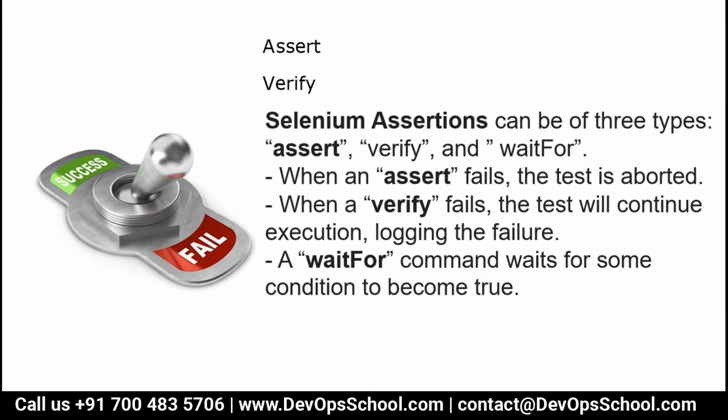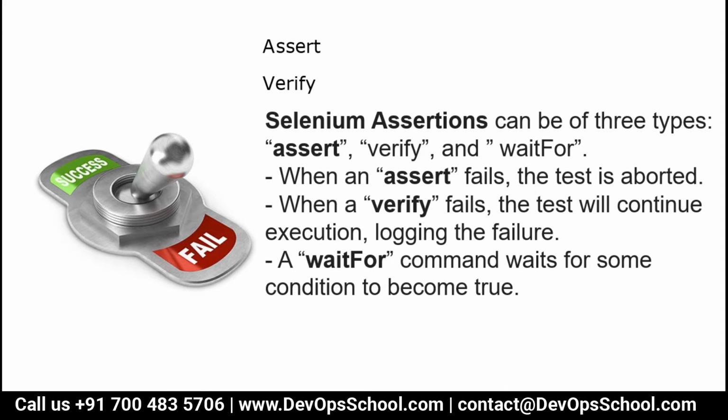That is what happens. But when you use a verify assertion and verify fails, the test will continue executing but log the failure, whether it is pass or fail. Whereas the third assertion, wait for, commands wait for some condition to become true.